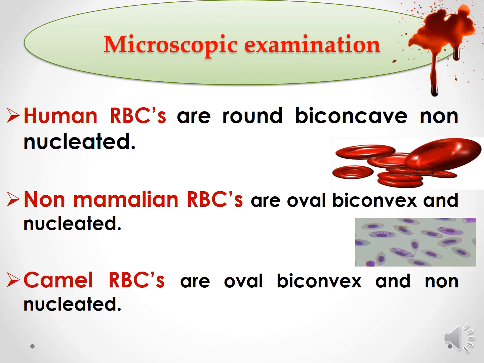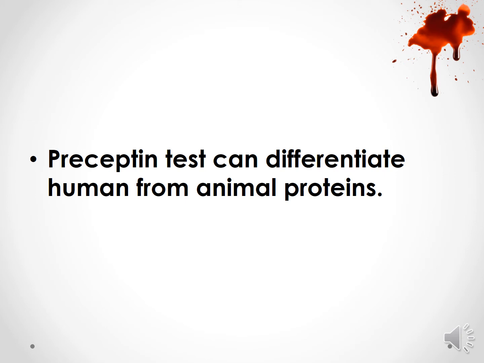Non-mammalian RBCs, in reverse, are oval, biconvex, and nucleated. Finally, camel RBCs are oval, biconvex and non-nucleated. Also, the precipitin test can differentiate human from animal proteins.